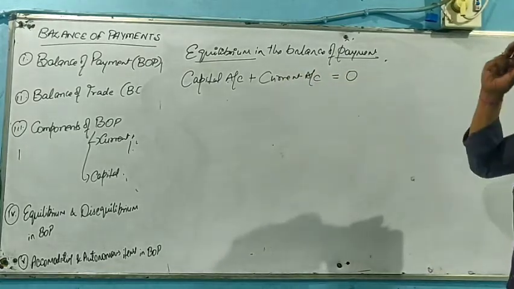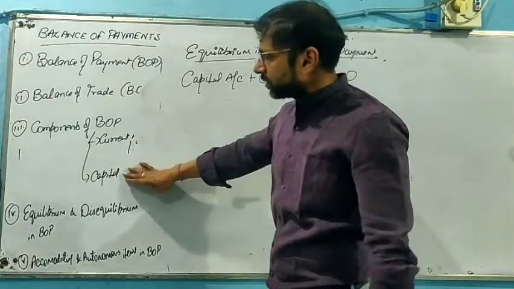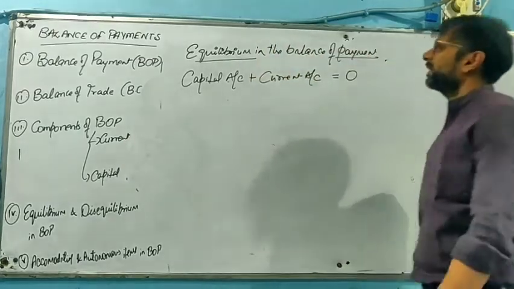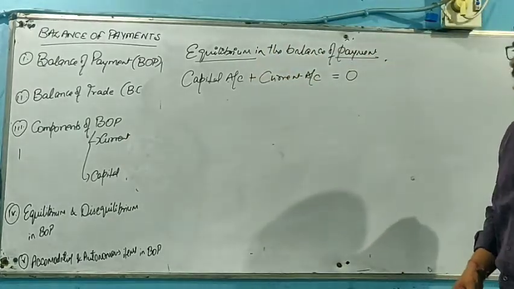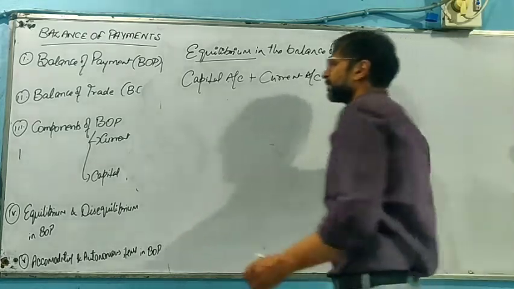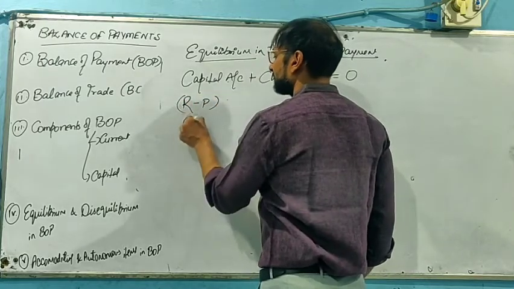It means there will be equilibrium in the balance of payment when whatever the capital account is having that amount, whatever the current account is having the amount, when both are added will become equal to 0. It means we just need to undertake the receipts and payment of capital transfers.